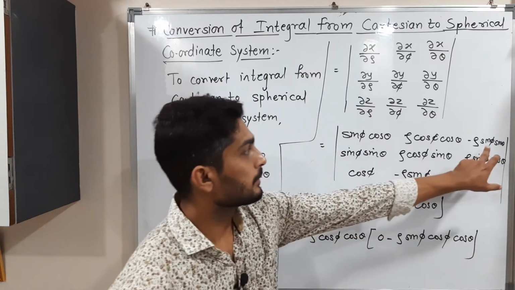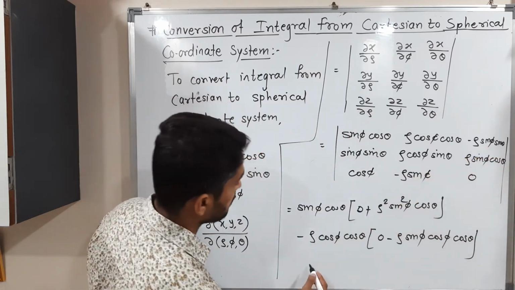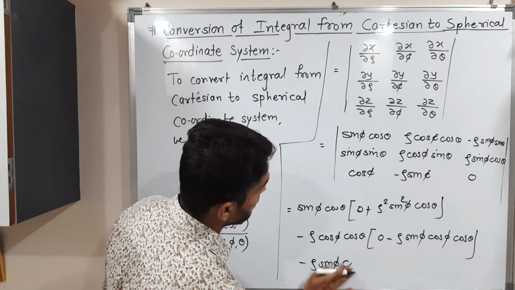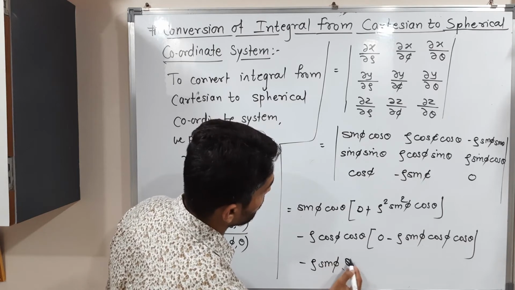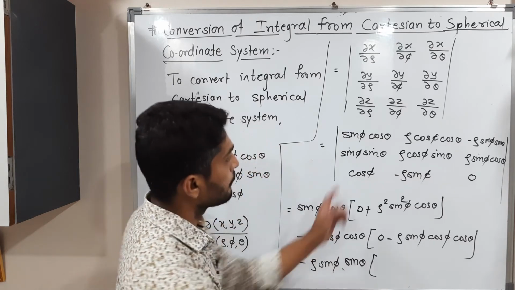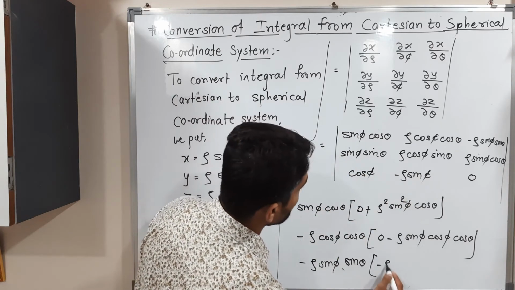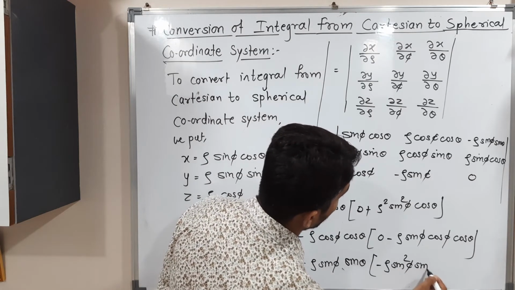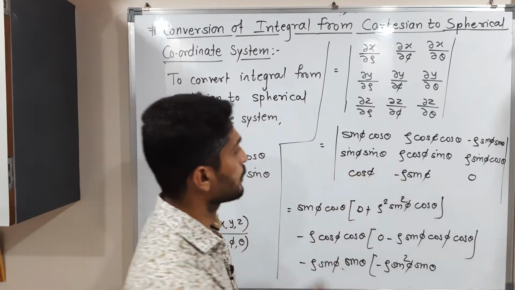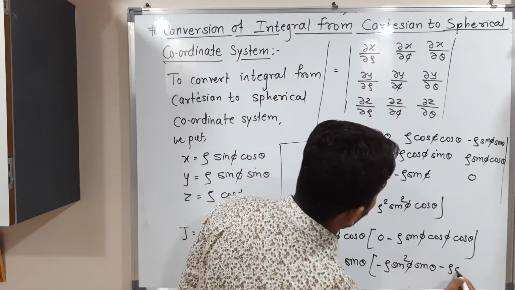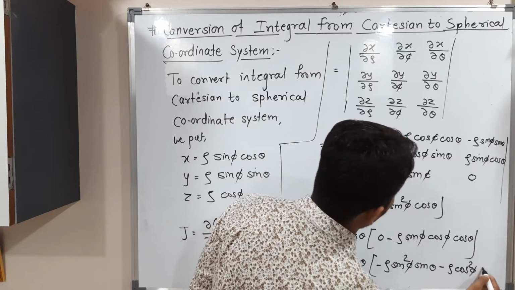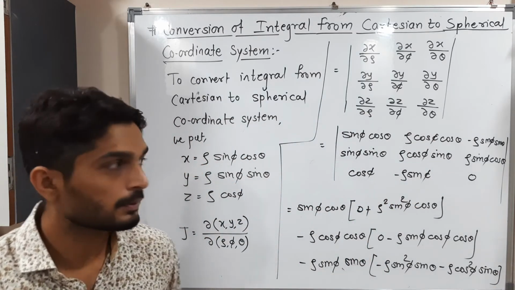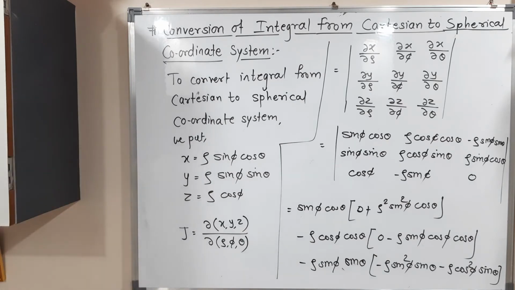See this function, minus rho sin phi sin theta, product of these two, minus rho sin square phi sin theta, correct, minus product of these two, minus rho cos square phi sin theta, okay. So there is no more space, so you can make a screenshot of it.